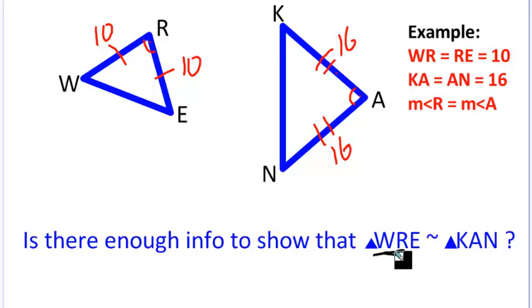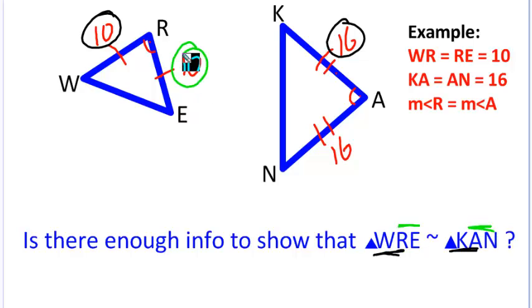WR would correspond with side KA, so this 10 length would correspond with this 16 length. Then it says RE would correspond with AN. So this 10 length would correspond with this 16 length.